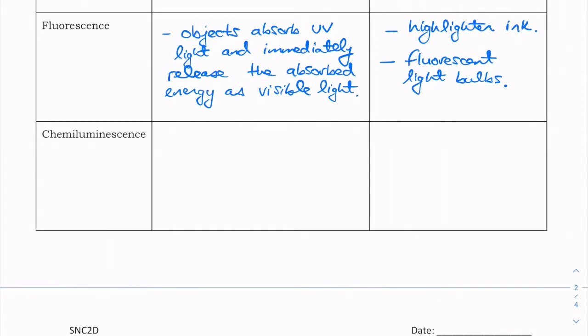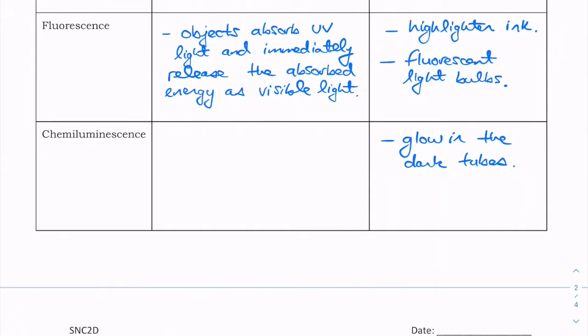Next up, we have the process of chemiluminescence. This process occurs in those sticks that glow in the dark. Usually you'll see these being advertised at theme parks over the summer, and the way this works is due to a chemical reaction.